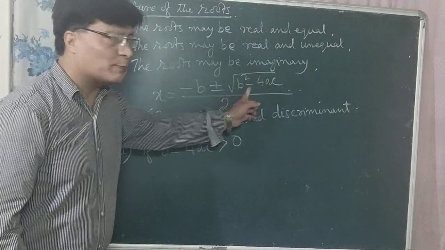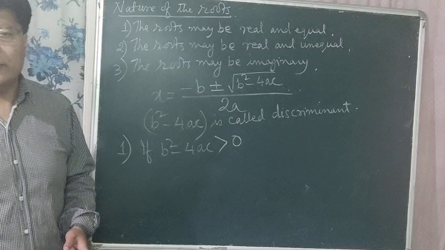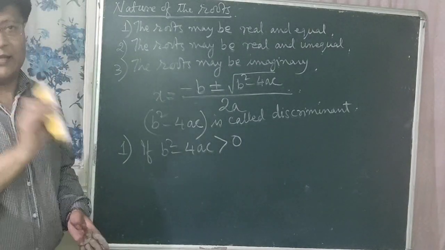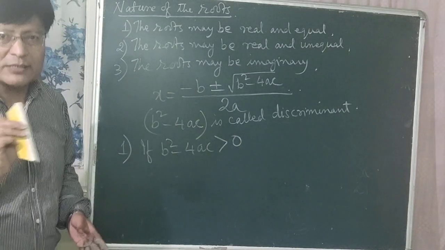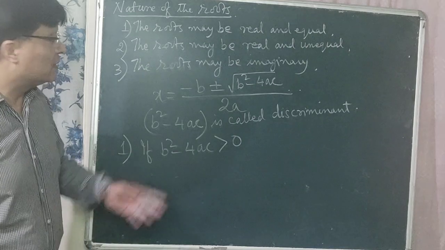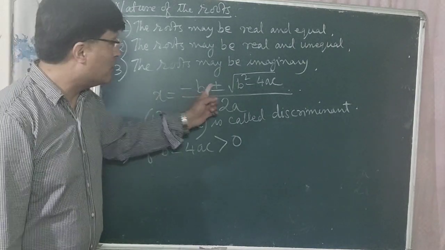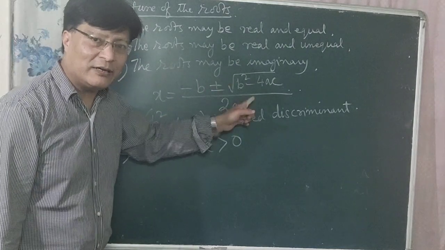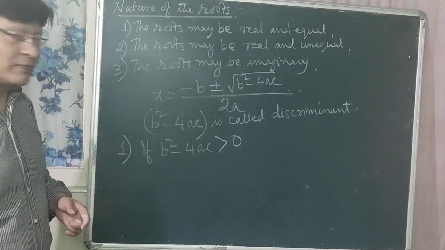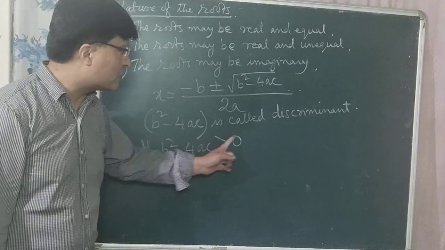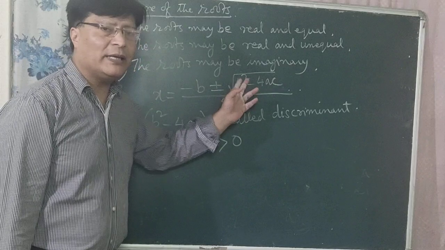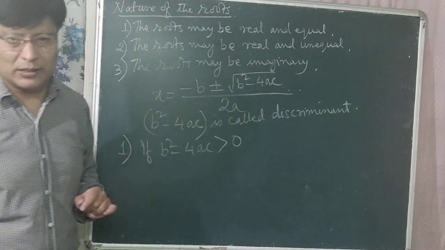So within the square root there is a positive number. If within the square root there is a positive number, it is always defined. That means the roots will be real and unequal in this case. If b square minus 4ac is greater than 0, the roots will be real and unequal.